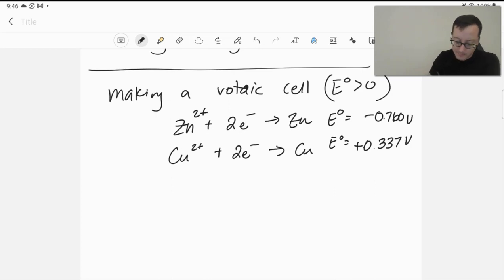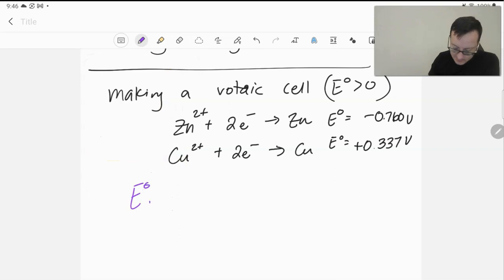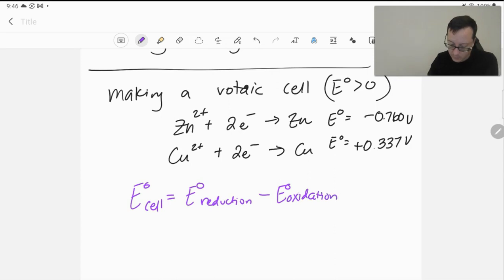And so remember that our cell potential overall is going to be our reduction minus our oxidation process. Or if we wanted to think that's the cathode and the anode. So we can set this up.